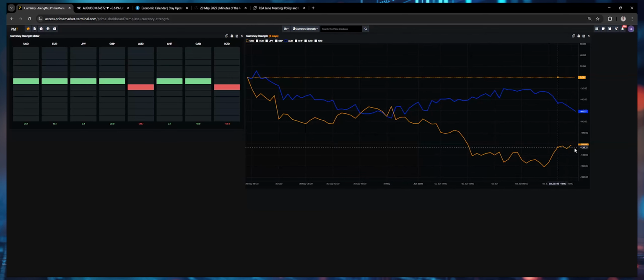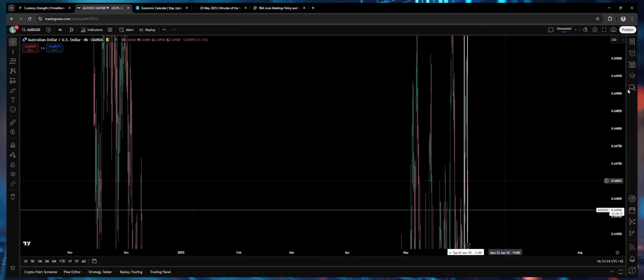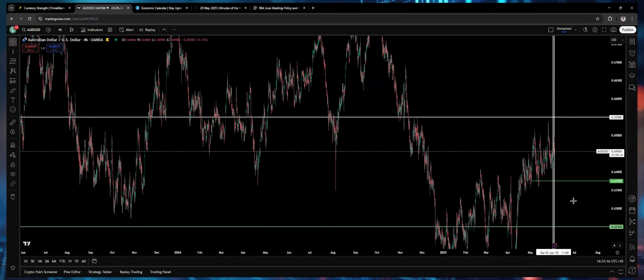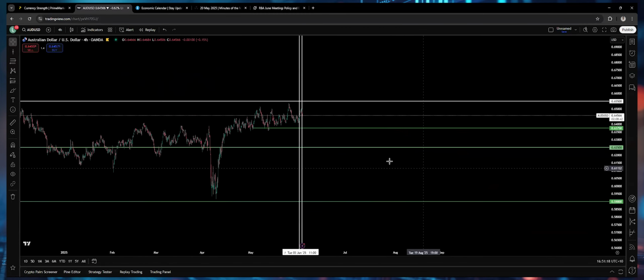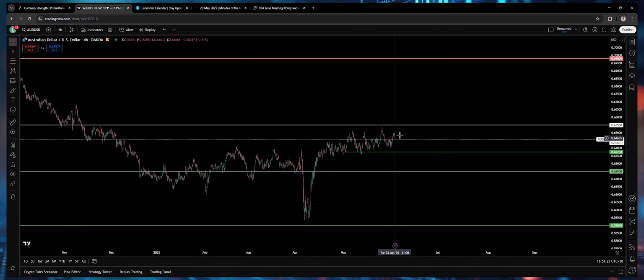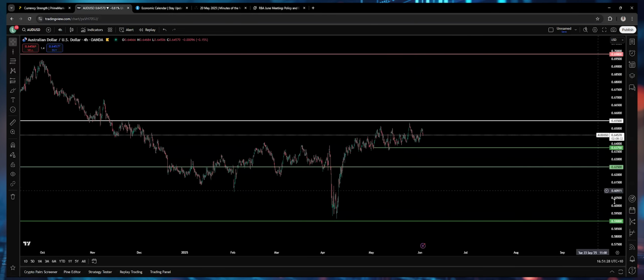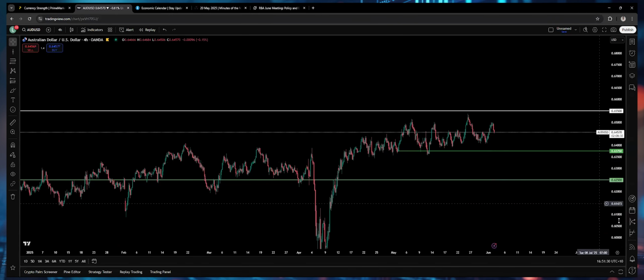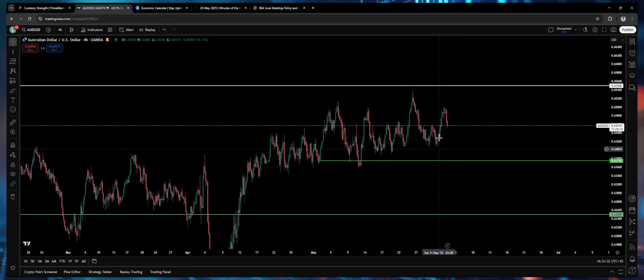The US dollar is regaining somewhat of its strength, but I don't believe that this strength will be able to send the USD all the way back down to levels like here. Most likely we will continue to see maybe 66, even 68 by the end of the year. So it's still a good option to look to long Australian dollar against the US dollar, especially around those levels here.